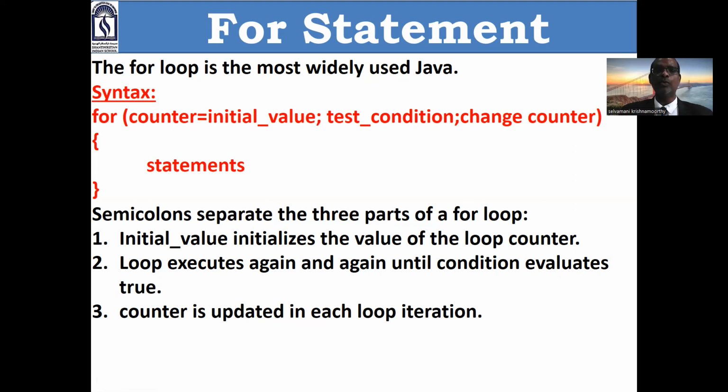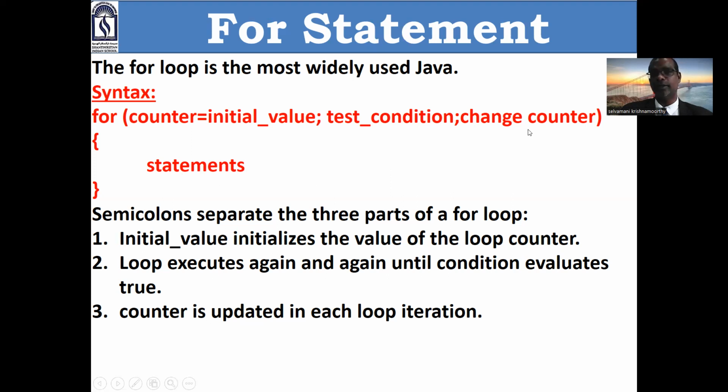Good. How does it work? See, initial value: initialize the value of the loop counter first. The very first time, the counter will be initialized with the initial value. After that, the test condition evaluates. If it returns true, the statement will execute.